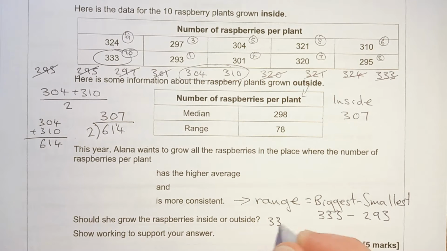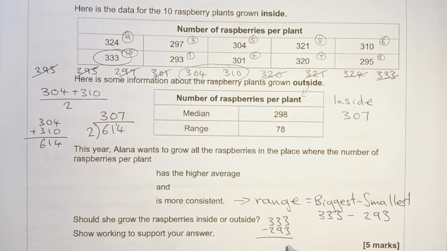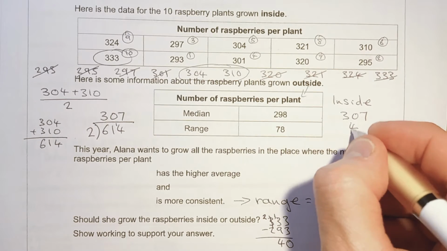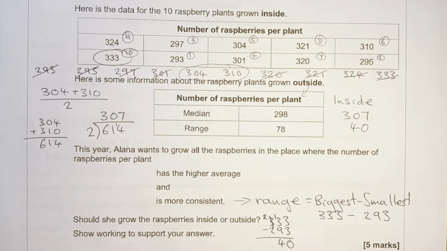So 333 minus 293. 3 minus 3 is 0. 3 minus 9 you can't do, so take 1 from the 3, reduce that to a 2. Now we've got 13 minus 9, which is 4. 2 minus 2, which is 0. So we've got a range of 40.